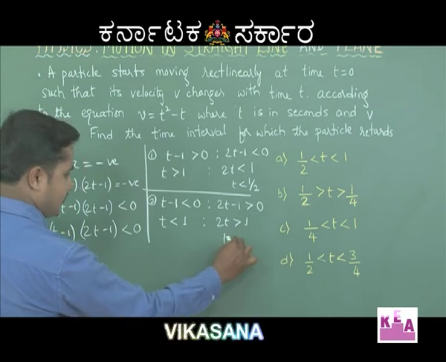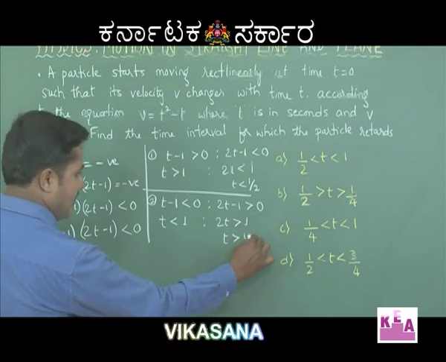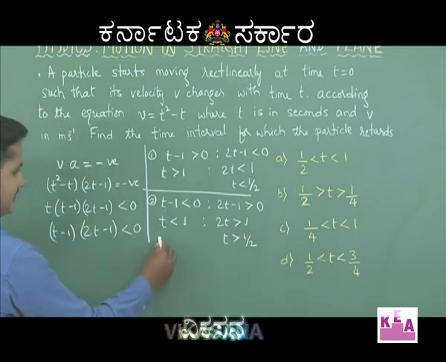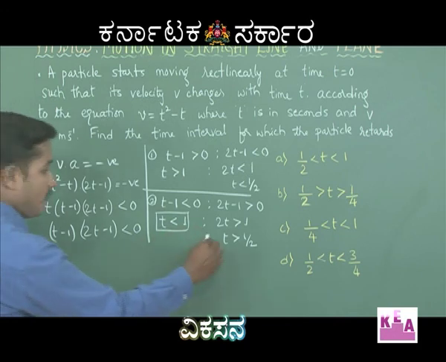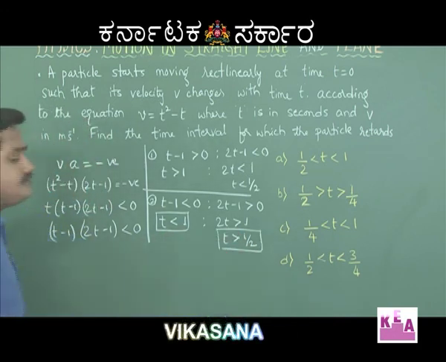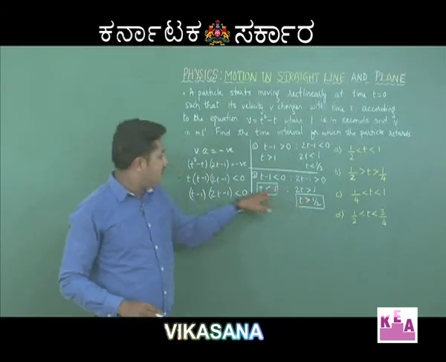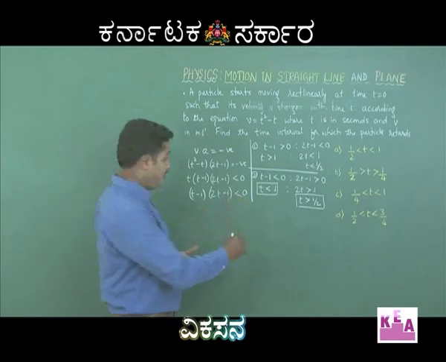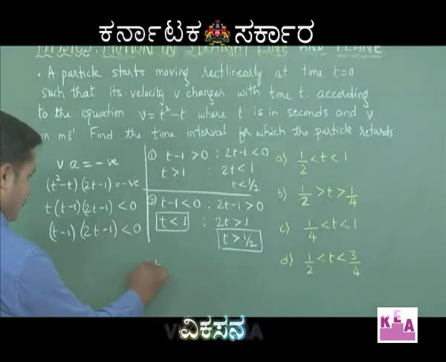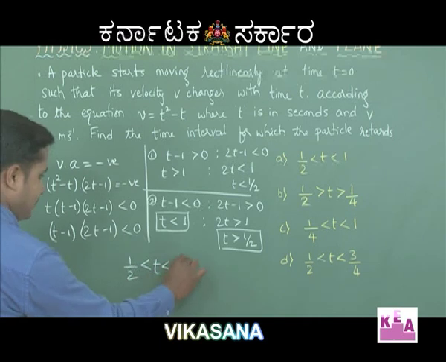So, what does this result in? t should be greater than half, and t should be less than 1. Is this possible? Yes, obviously possible. t can be greater than half but less than 1. So, the range of t can be written as t greater than half but less than 1.